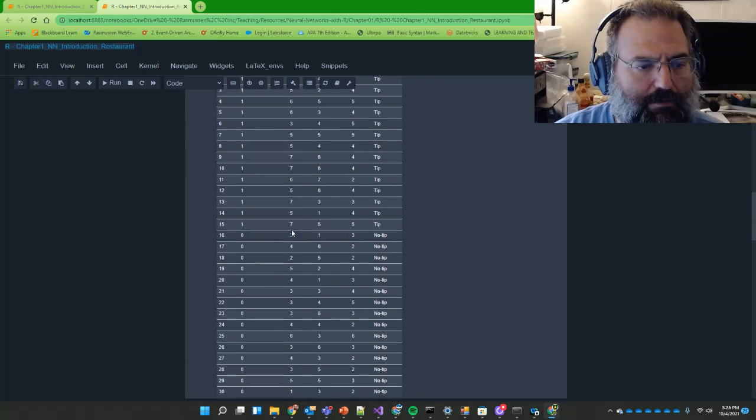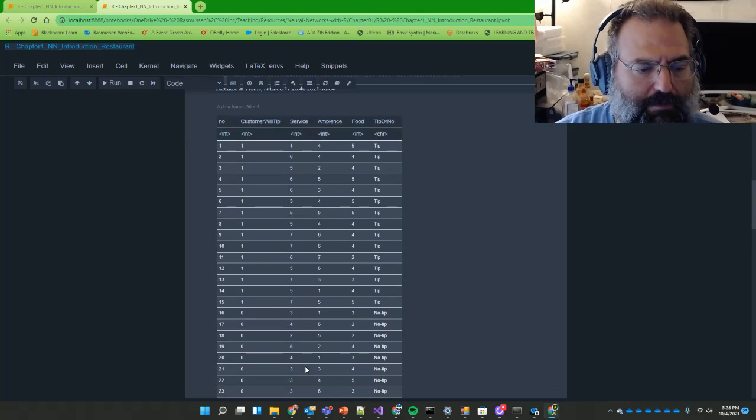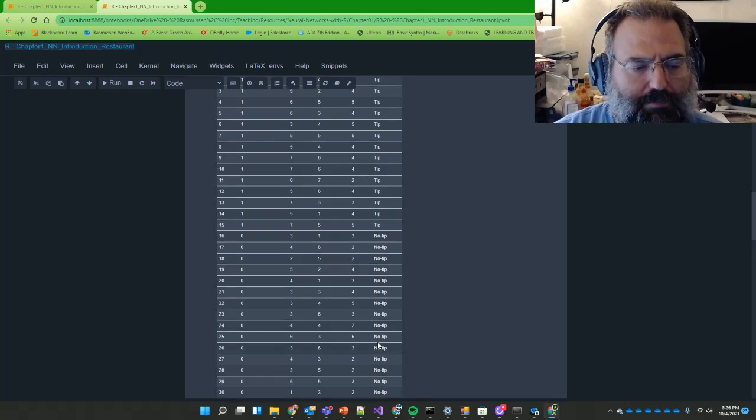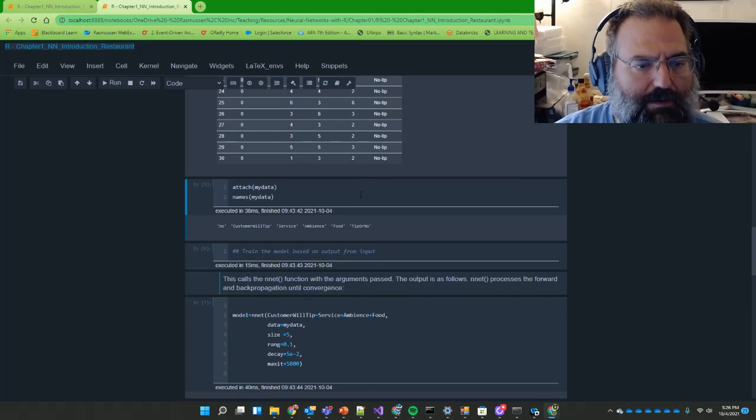So if the service is really high, and the ambience and food are okay, then you may not tip, right? So it depends upon the factors of what's going into it, and some of those may or may not be easy to see.